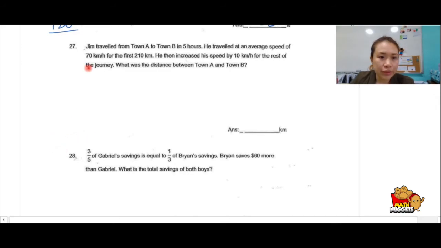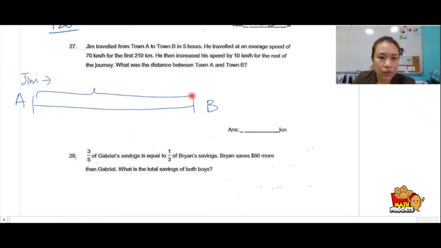Question 27. Let's draw the time distance line. So we have town A to town B. Jim went this way. We know the total time is 5 hours. This is split into two parts.